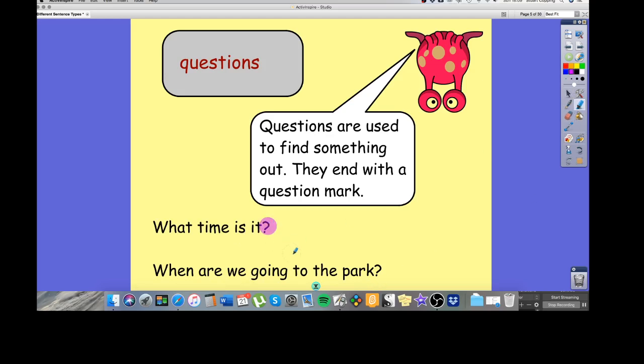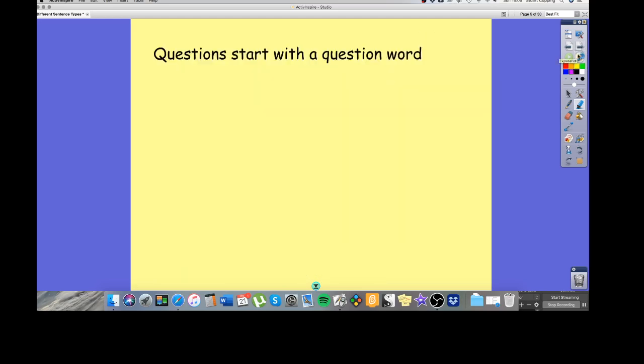So they always end the sentence with a question mark, which is why they're called questions, and which is why question marks are called question marks, because they mark the end of a question. Okay, right. Questions all start with a question word. Okay, now the simplest way of doing this is to look at it as 5 W's.